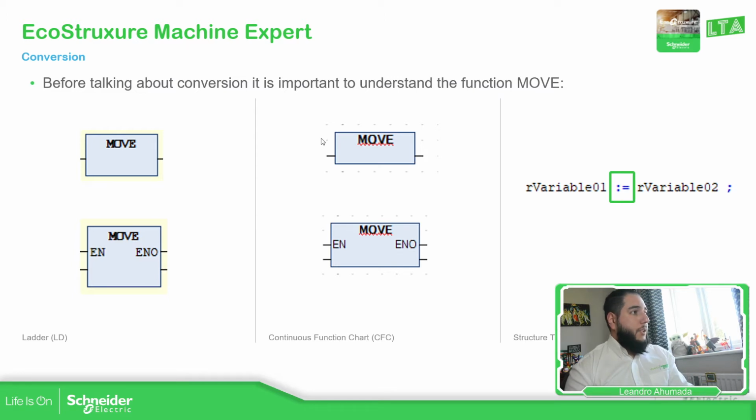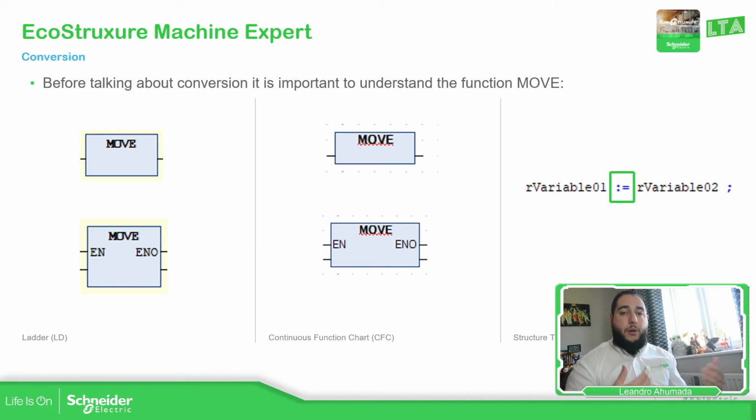An easy case is, for example, if you're reading an analog input for voltage or current or degrees, the values that you receive are, if I'm not wrong, integer. So if you want to make some kind of mathematical function, probably you use a real.